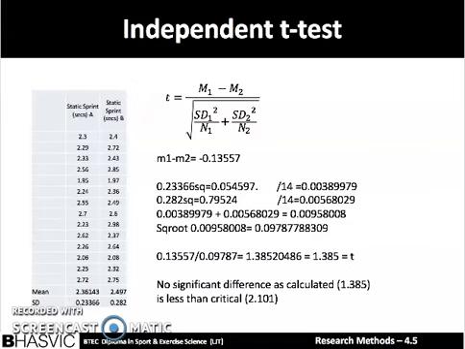You do the same again for the second set of data: standard deviation 2 squared over N2. 0.282 squared equaled 0.79524, and then you divide that by 14 again, because you've got the same number of participants, and that equals 0.00568029.